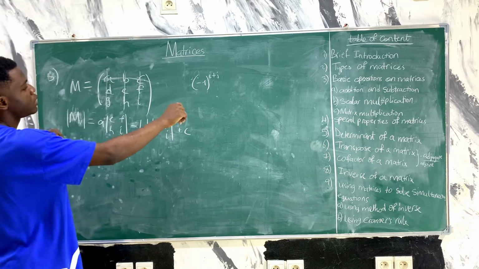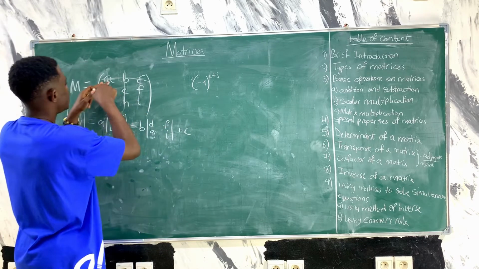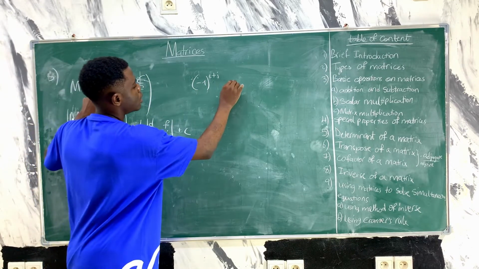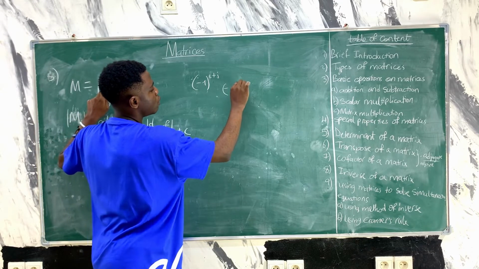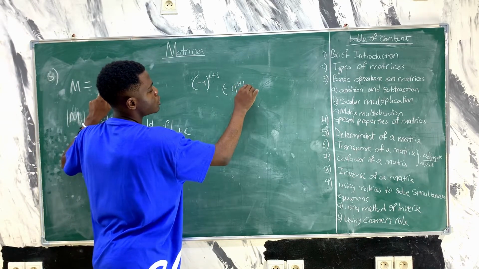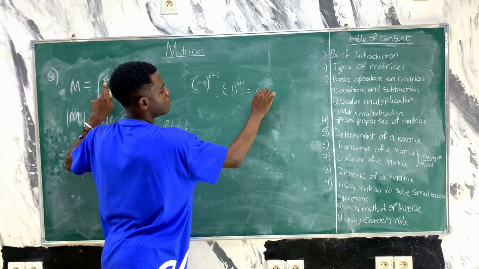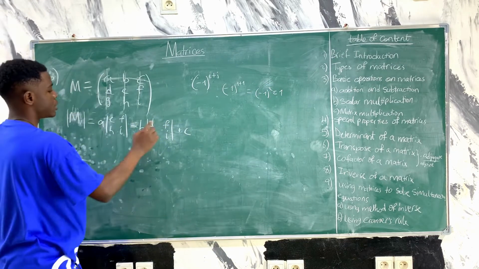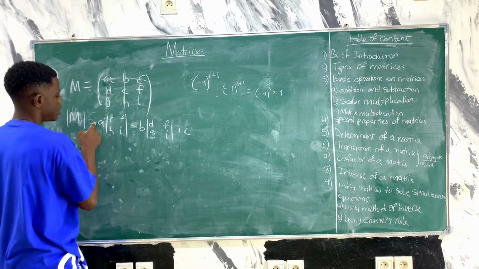A is row 1 and column 1, so the sign will be -1 to the power 1 plus 1, which is 2. So it is -1 to the power 2, which is equal to 1. 1 means positive.